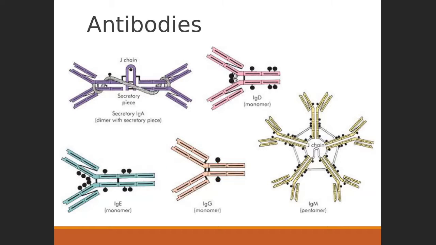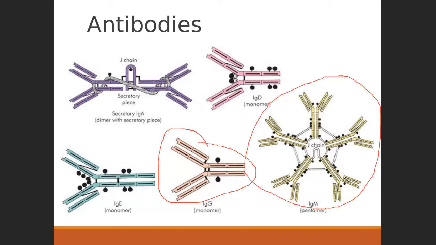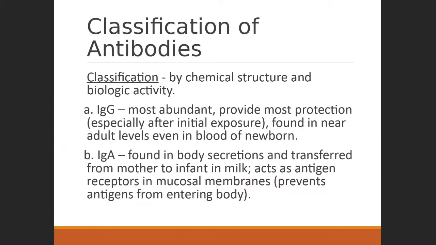Here's our IgG antibodies. These were the type that were involved with our rhesus factor in our blood typing. Here's our IgM antibodies that were involved with the AB antigens. So the IgG are the most abundant.